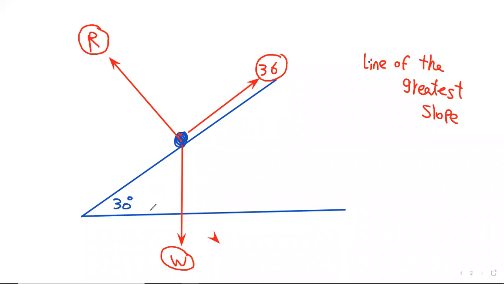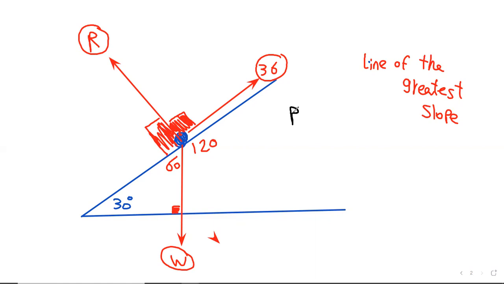This angle is 30, and from this triangle, this angle is 90, and this angle is 60. We have a straight angle here, so this angle is 120, and this angle is 90 between 36 and the reaction, and this angle is 90 also. So we are going to apply Lami's rule.